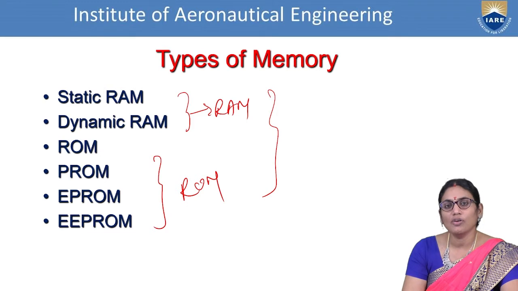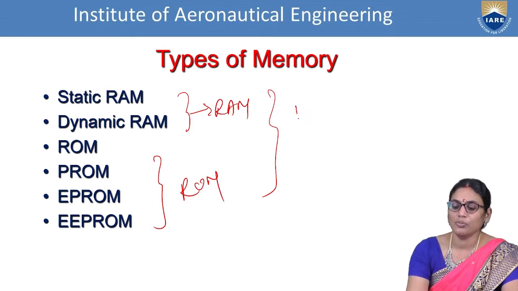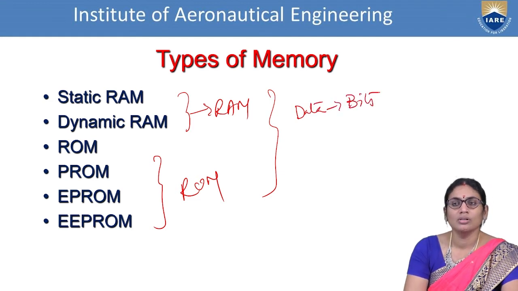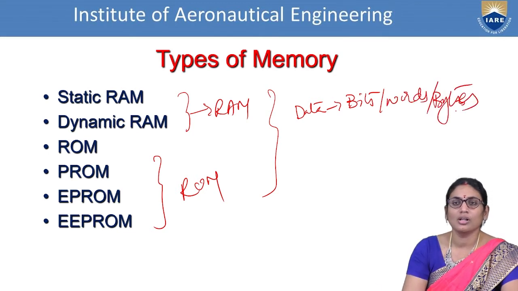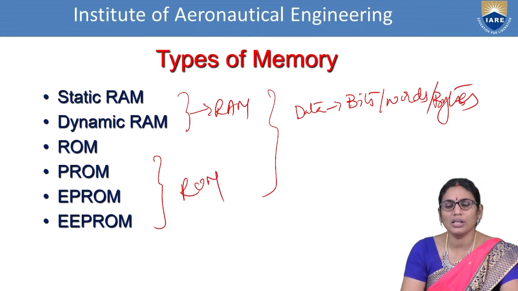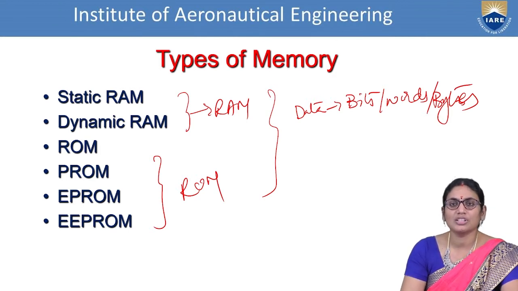Now, if I want to store the data in memory, how can I store it? In the form of bits, words, or bytes. Generally, if the memory has to be displayed or represented, we represent that memory in the form of a chip.